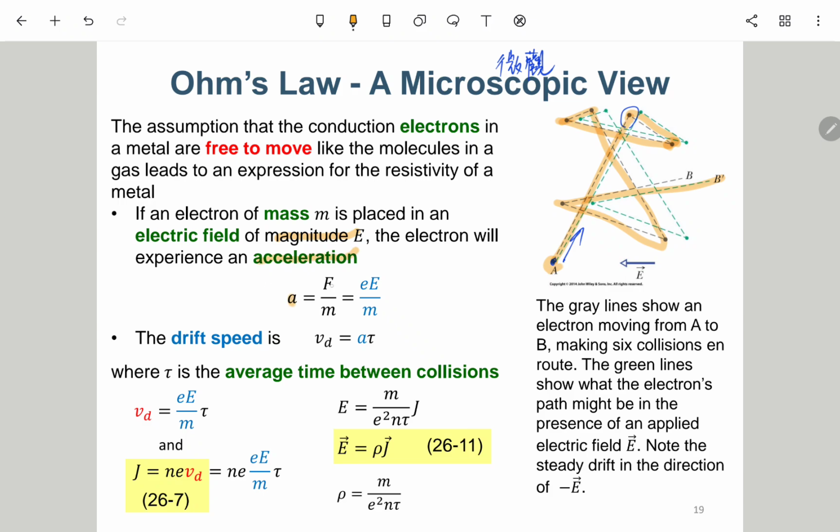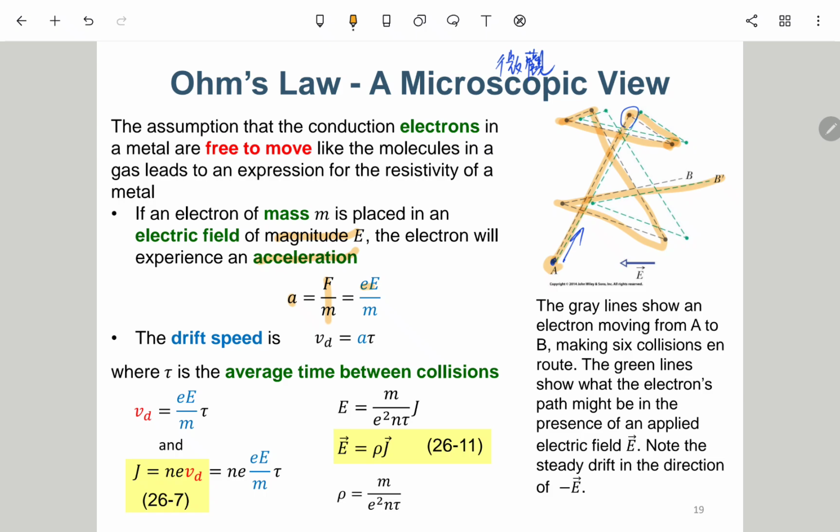So a equals F over m, and F equals QE. For this case, we ignore the negative sign and just consider the magnitude. So F equals small e times capital E. Small e is the elementary charge, and capital E is the E field.